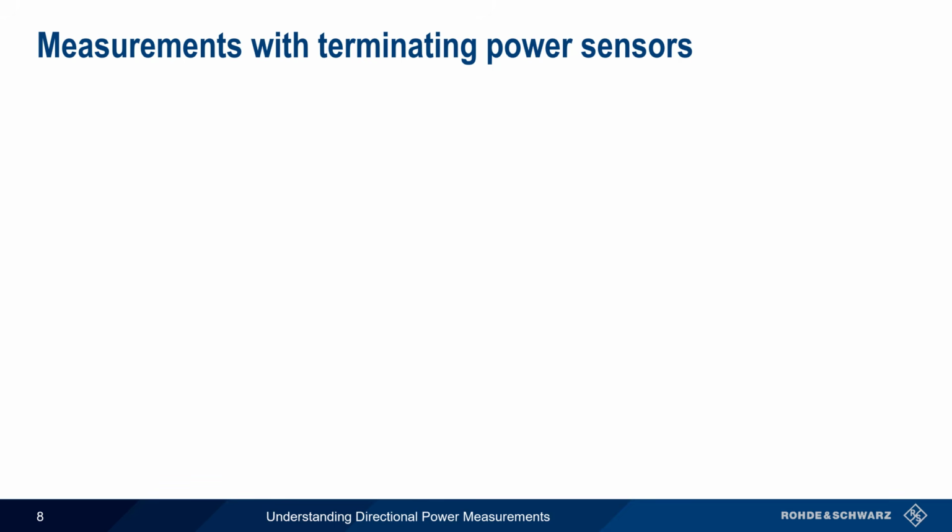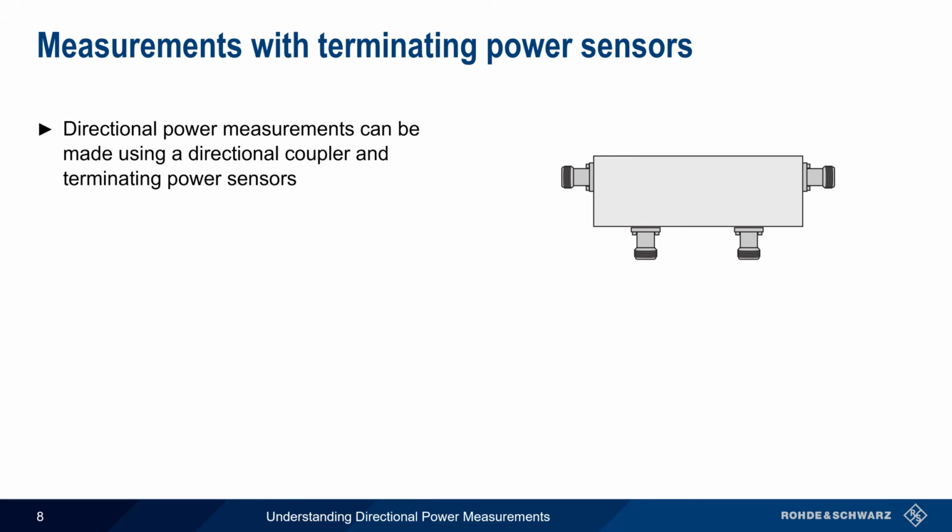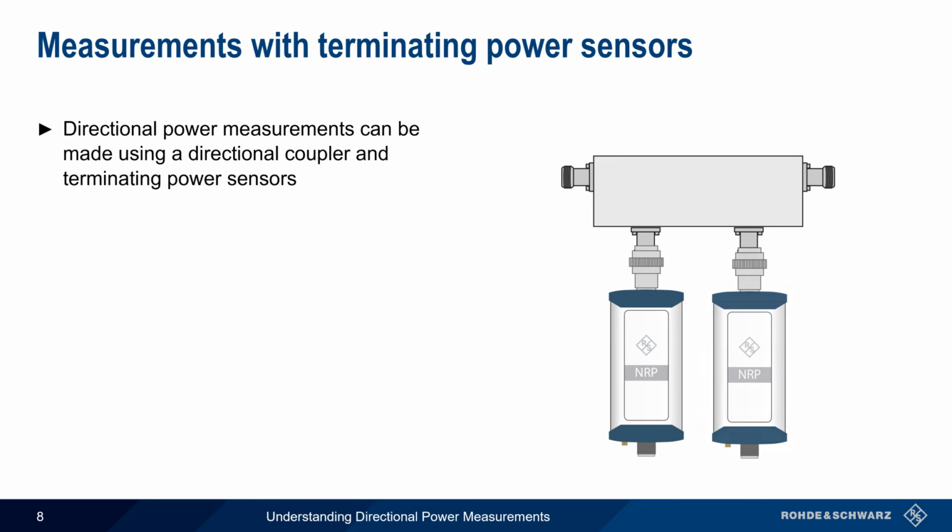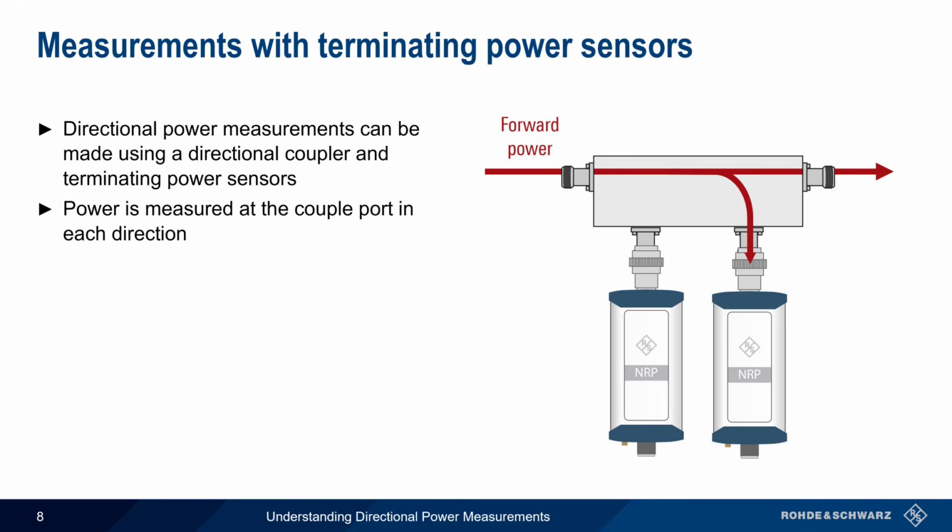Another method of measuring directional power is using a directional coupler together with terminating power sensors. A terminating power sensor is attached to the so-called couple port for each direction of the directional coupler. One terminating sensor is used to measure forward power, and another terminating sensor is used to measure reverse power.